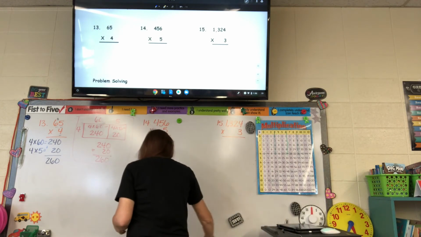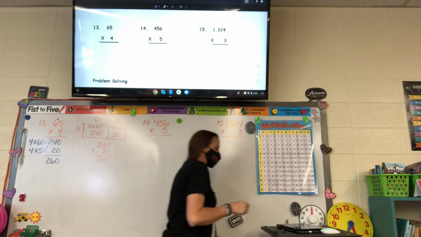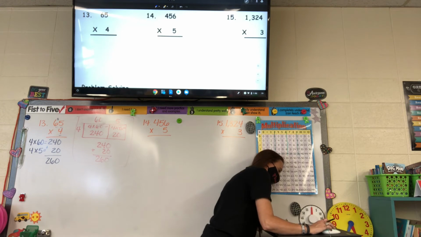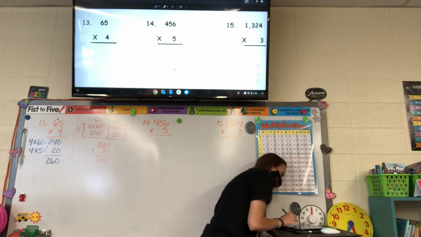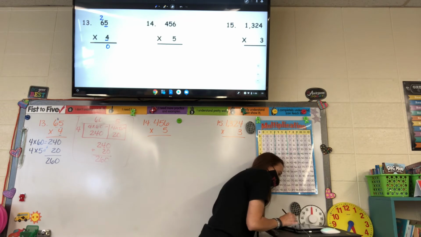If you choose that one, you're going to write down everything that I put on the TV. Regrouping method. 4 times 5 is 20. If you think about 20, the 0 goes in the 1's place, the 2 goes in the 10's place, so we carry the 2, write down the 0.